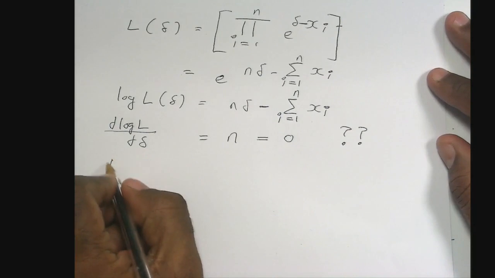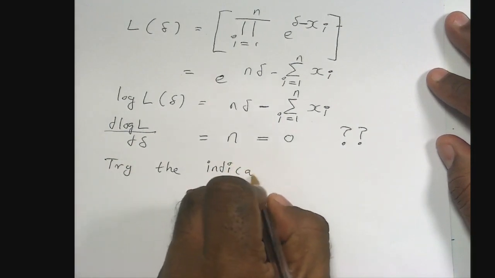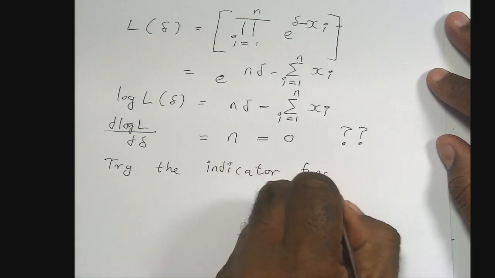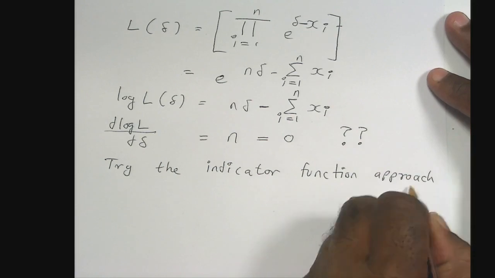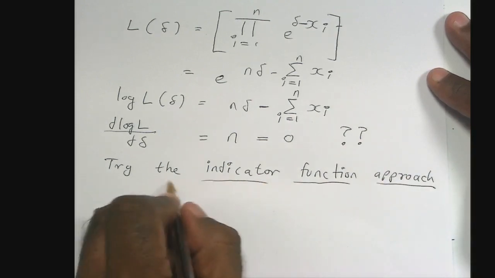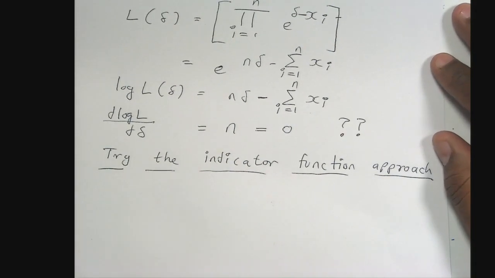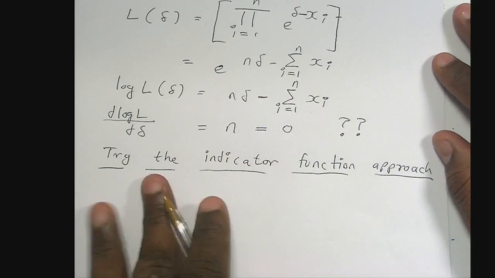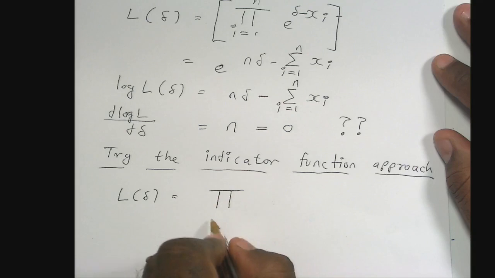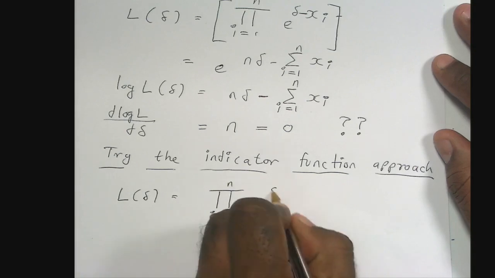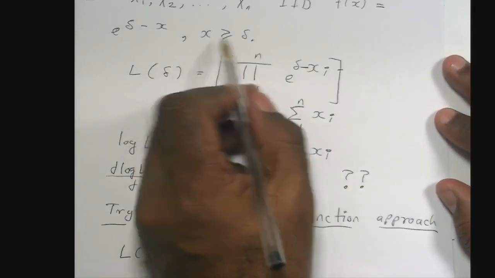So we need to try the indicator function approach, because the standard approach has no sense. When you write down the likelihood function, you need to make sure that you put, remember that x must be greater than or equal to delta.